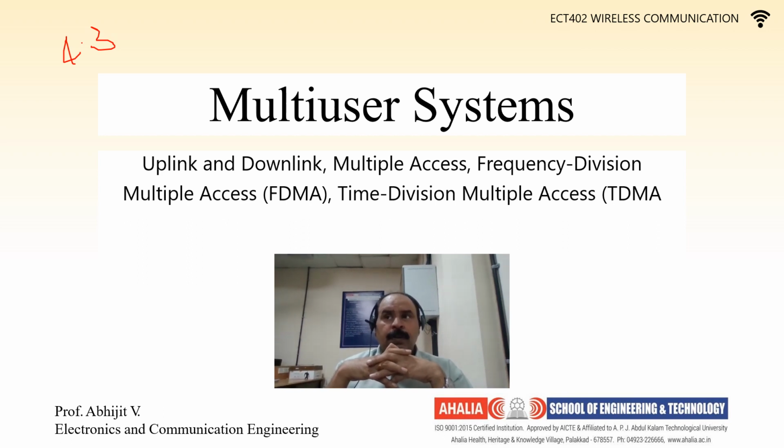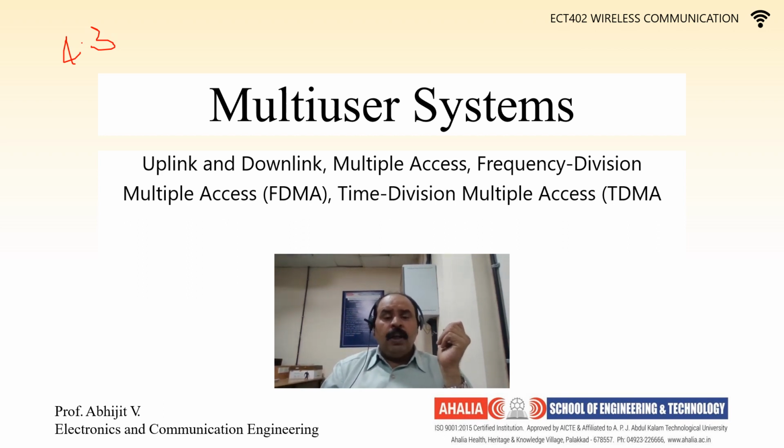In 4.2 we dealt with what is equalization, why we want equalization, and what the different algorithms and steps are that we use to equalize a system, in order to remove the inter-symbol interference in a received signal. The next and most important topic is about multi-user systems.